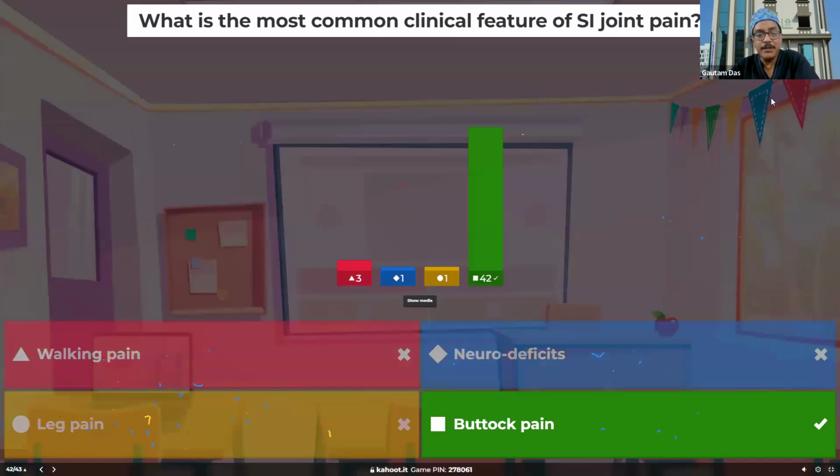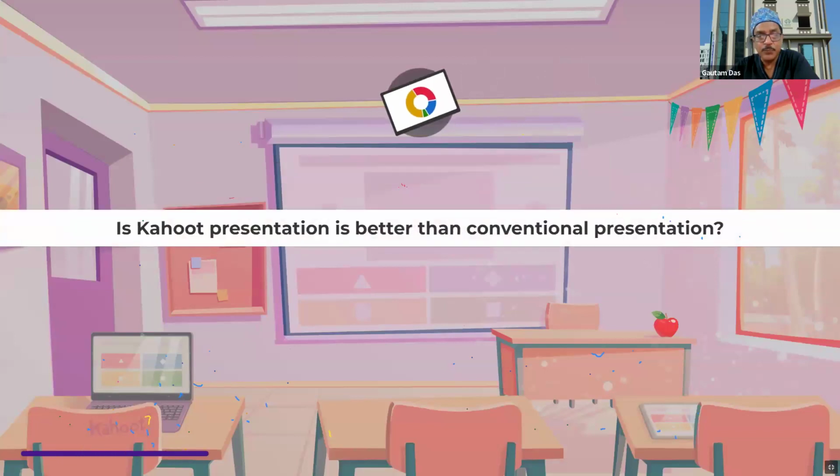Obviously, buttock pain is the most common. And as I told you, the patient will be able to pinpoint the exact area of the bone.